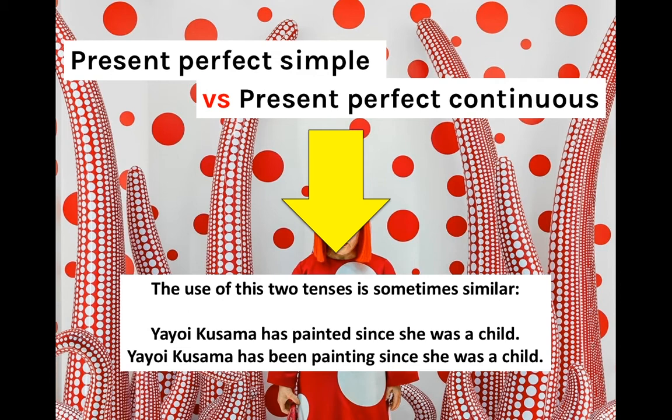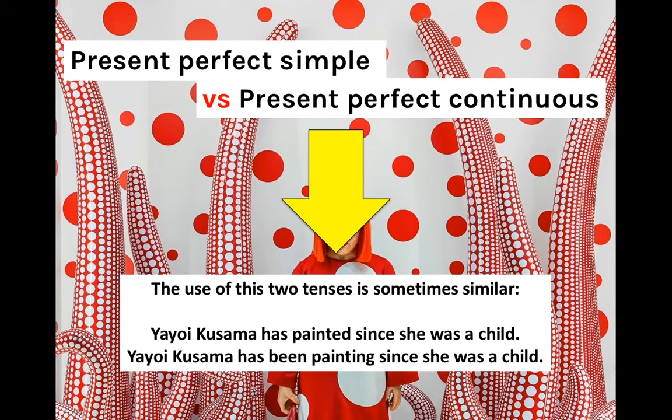Let's see 2 examples. Yayoi Kusama has painted since she was a child, and Yayoi Kusama has been painting since she was a child. Actually, there's no difference between those 2 sentences because she started painting a long time ago and she's painting now.